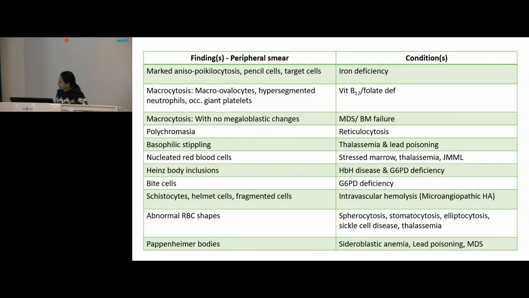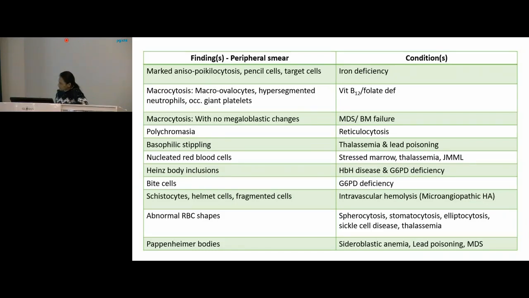Then we can find something known as Heinz bodies in the condition known as G6PD deficiency. When there is oxidant hemolysis after exposure to a drug, or a trigger like fever in these individuals with G6PD deficiency, the hemoglobin gets denatured, and it will be seen as Heinz body inclusions in the peripheral smear. If you have that, you should think of these conditions.